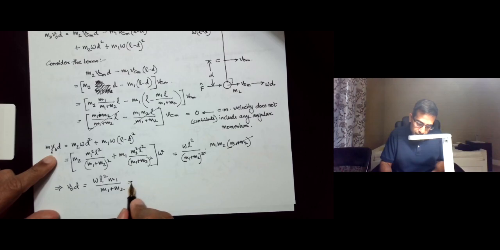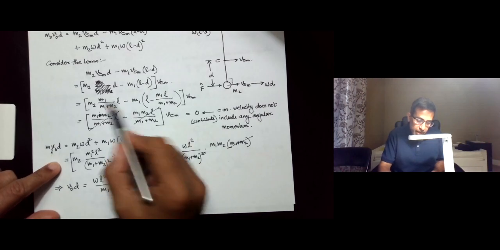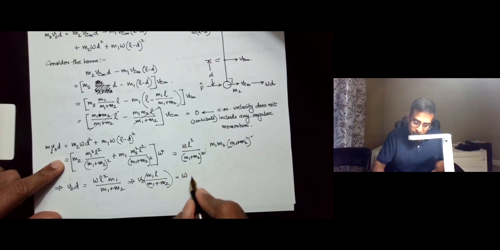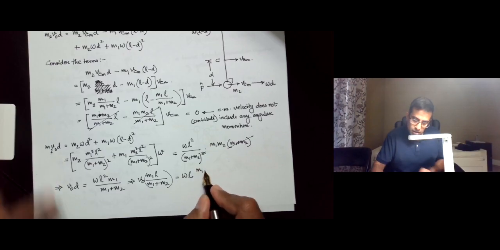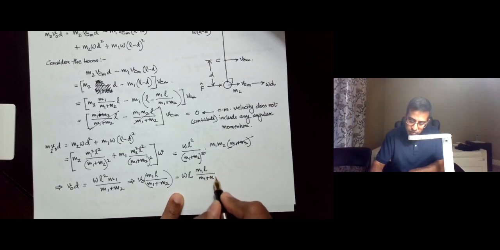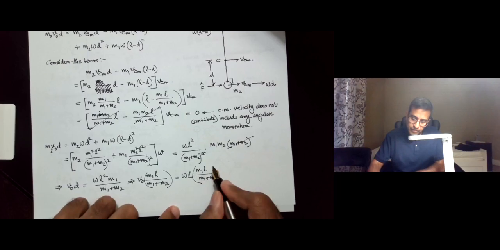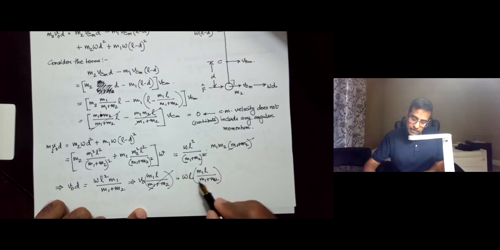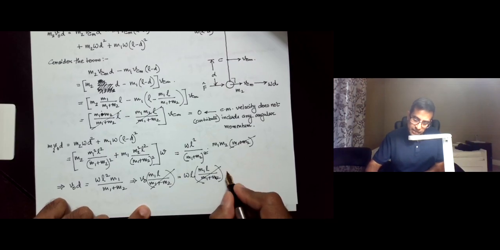Now we have d is equal to m1L over m1 plus m2, so v naught m1L over m1 plus m2, this is the expression for d, is equal to omega times L times m1 L divided by m1 plus m2. Okay, so I cancel this, so this is essentially cancelling d from both sides.